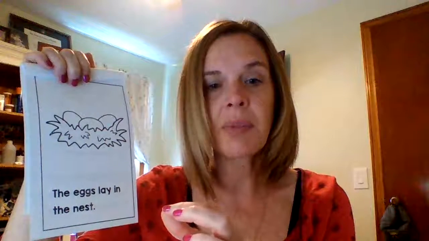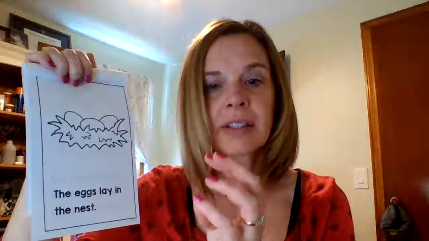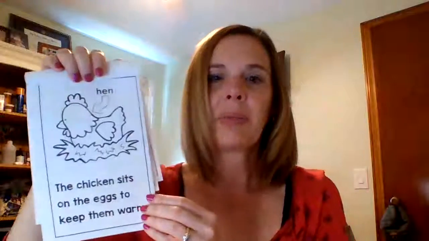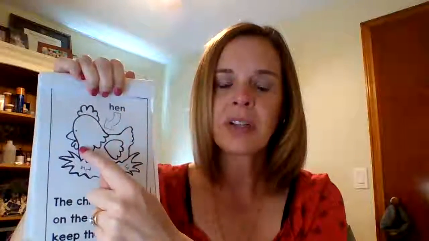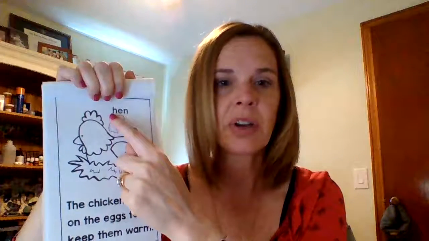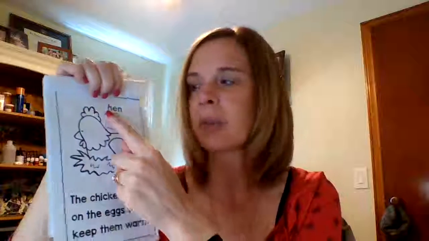You can also tap that, nest, nest. Now I have a label in the picture. So I see this word in the picture pointing to something. We call those labels. And we've seen this word in lots of your paper practice pages.